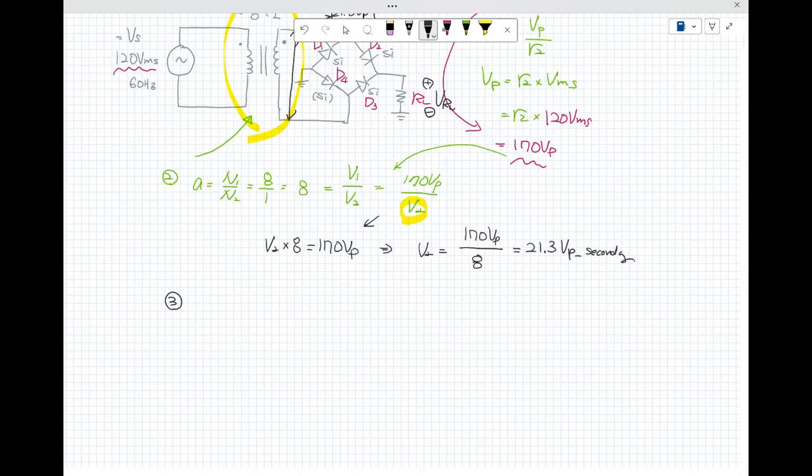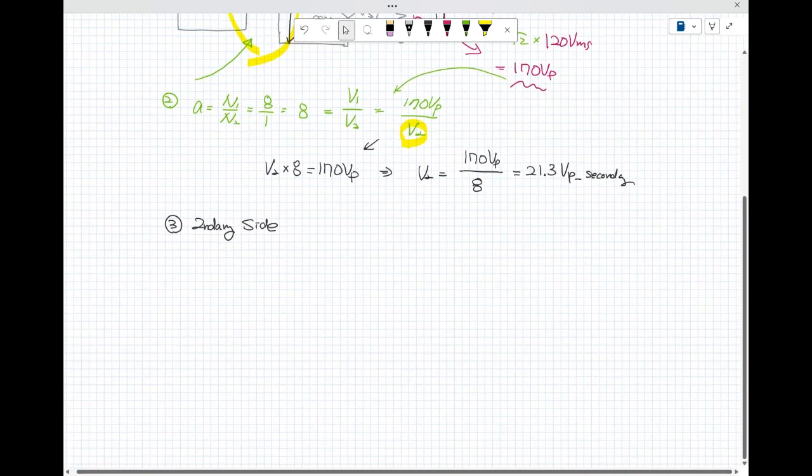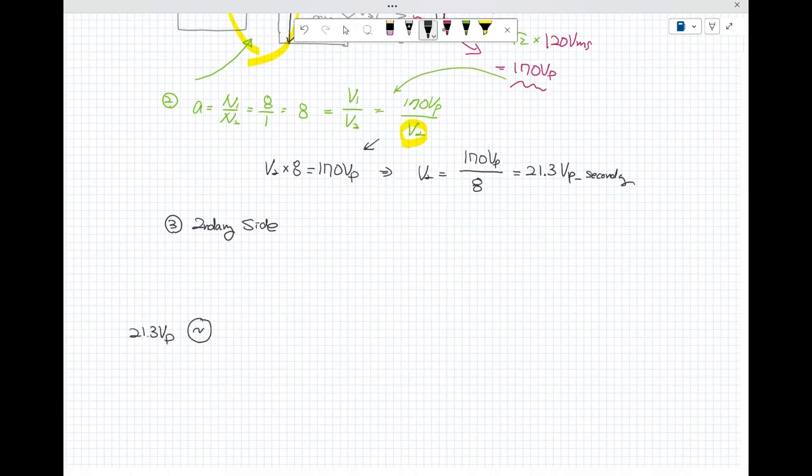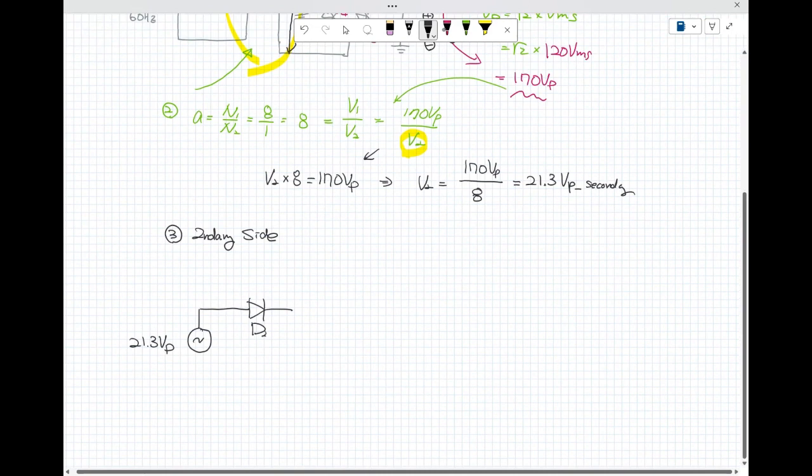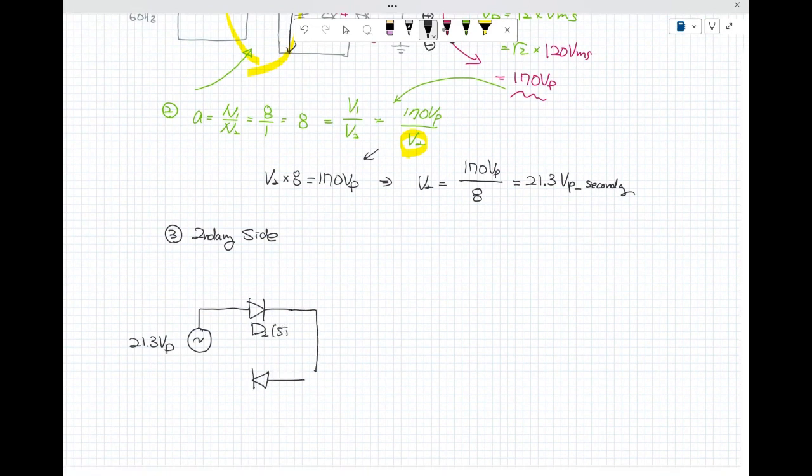So you know that that was the display for the secondary side, 21.3 V peak. That was V sub 2. And D sub 4, this is also silicon, okay?